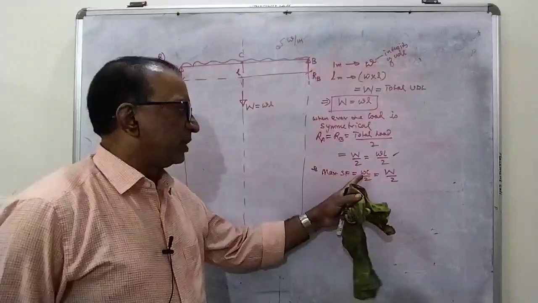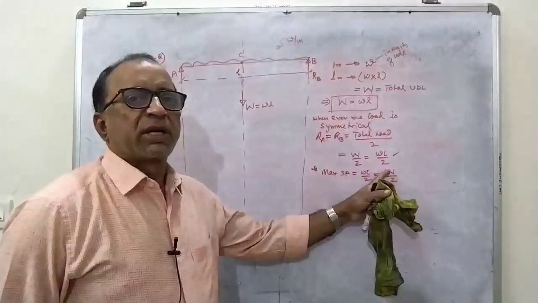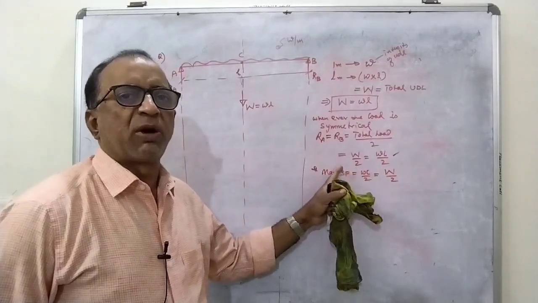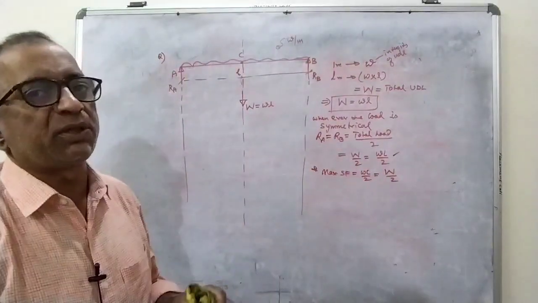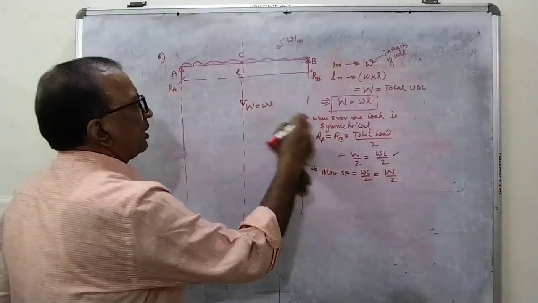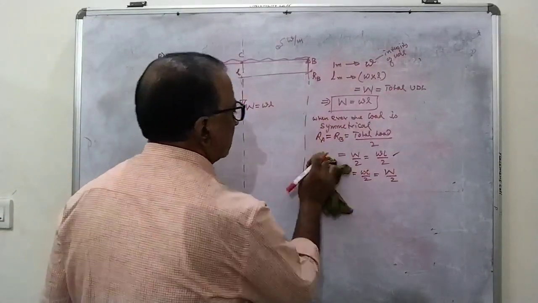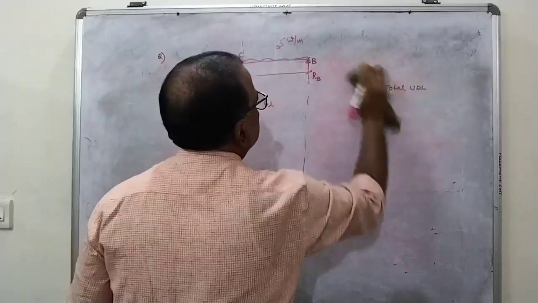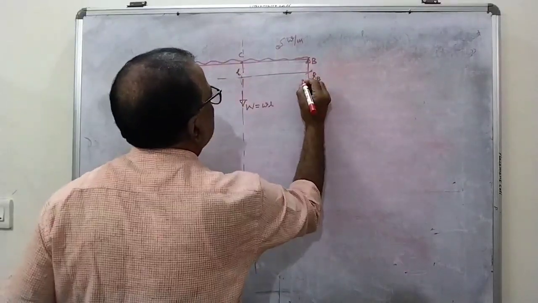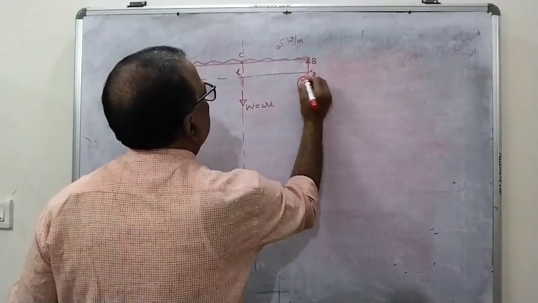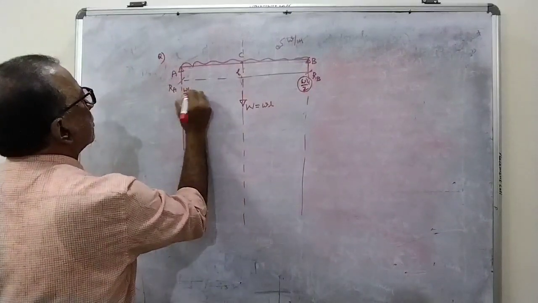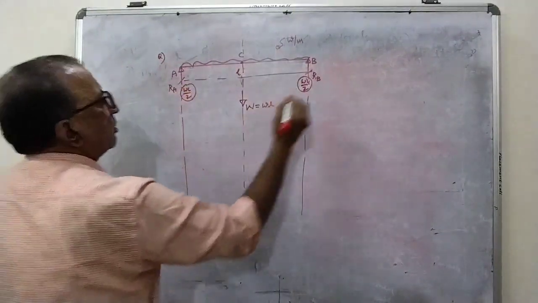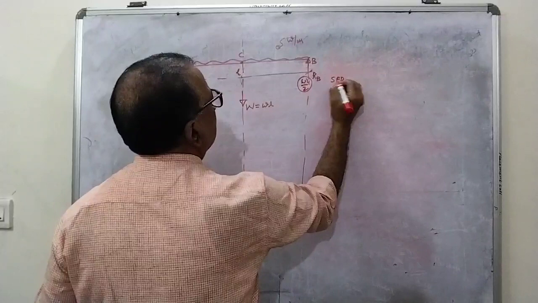Please try to differentiate between small w and capital W. Capital W is the total UDL and small w is the intensity of the UDL. So now I got the RA, RB values as wL by 2. Sidewise I can note down wL by 2. Now let us calculate the shear force.